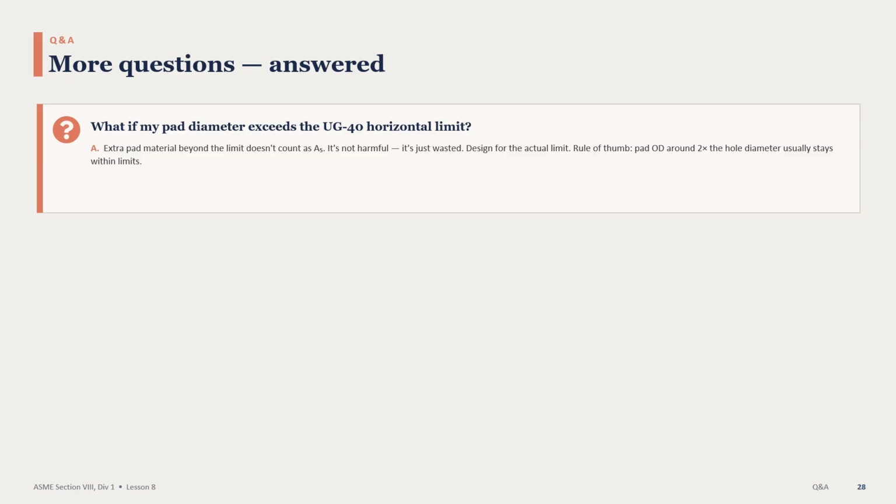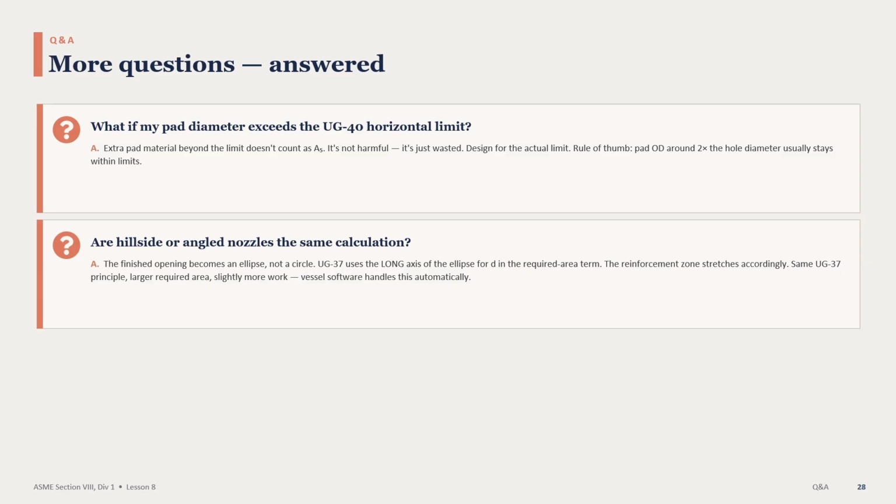Rule of thumb: pad outside diameter around twice the hole diameter usually stays within limits and gives adequate area. If your pad needs to be much wider than that, you probably need a thicker pad instead. Or you might want to reconsider self reinforced construction.